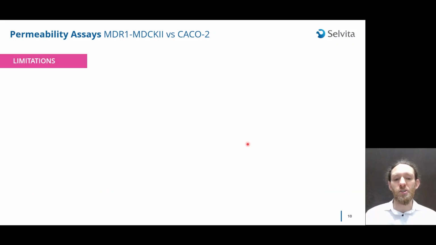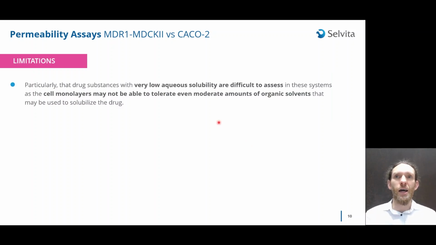There are some limitations of each of these assays. One is that a drug which has very low aqueous solubility will be difficult to assess, as these living cells may not tolerate even moderate quantities of organic solvents. It will just kill the cells and destroy the assay.